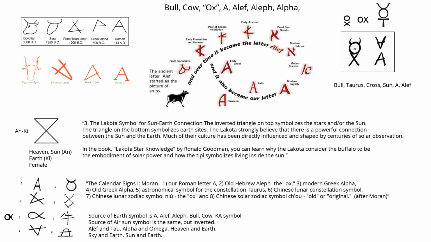From the Tauru, Taurus, astrological symbol, you can see how it relates to the Ankh, and the bull symbolism is very strong in many places.